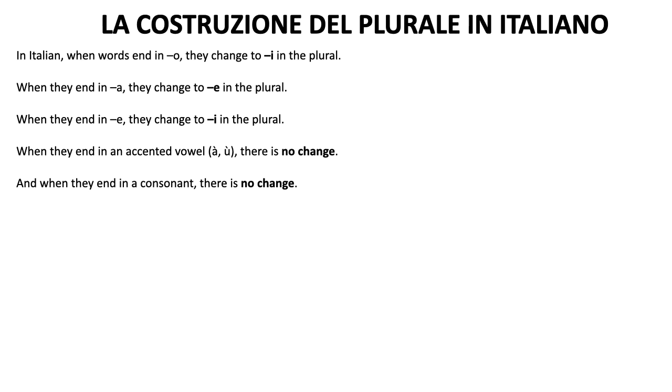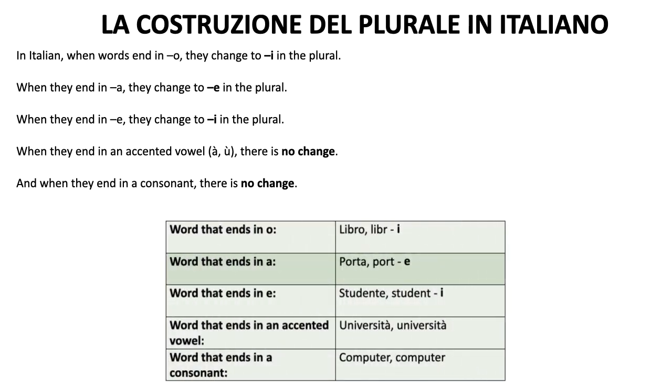But I know that when rules are abstract like this, it seems difficult to apply them. So let's actually look at some examples. Let's start with a word that ends in O, libro, that means book, right? What the rule tells us is that that O changes to an I in the plural. So the plural of libro is libri. Libro means book. Libri means books.